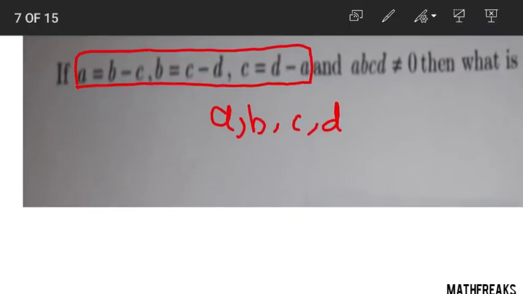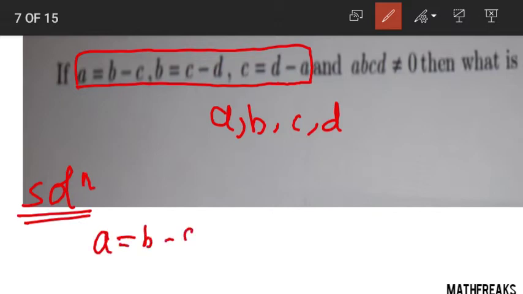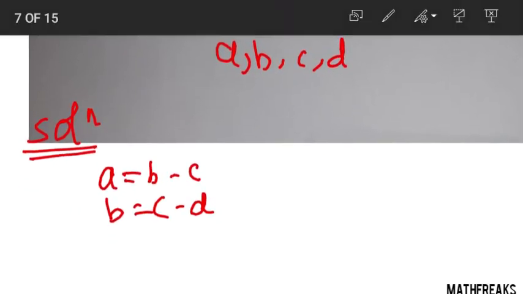So first of all, the best approach would be to write all the equations that have been given to us. So solution: a is equal to b minus c, then b is equal to c minus d, then the last one is c is equal to d minus a. So these are the equations that have been given to us.